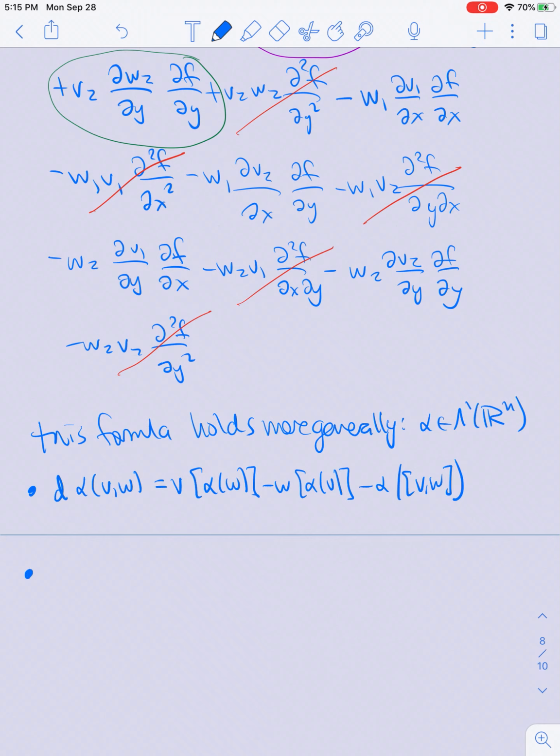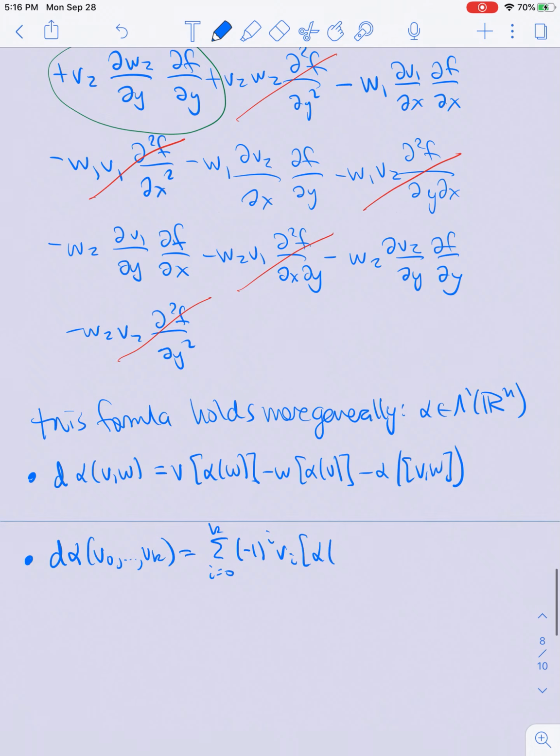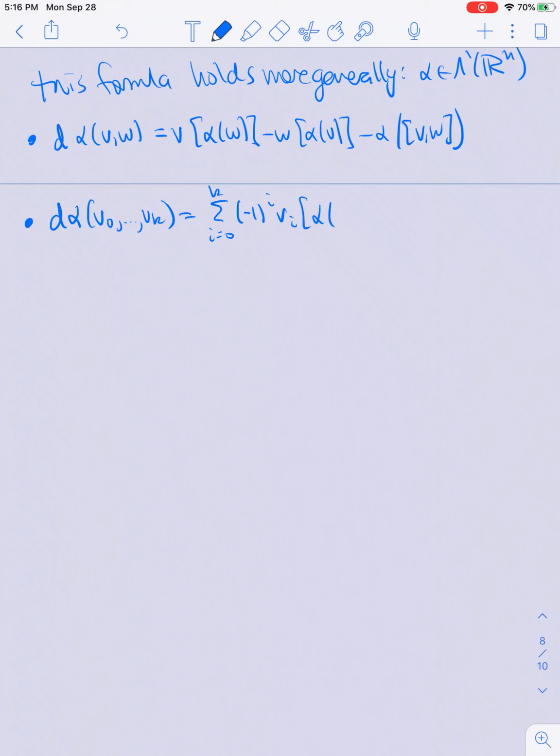And then when I'm trying to compute the global formula, you have to be careful with the signs to make sure you know how you're plugging in your Lie brackets correctly, but what you end up getting is a generalization of the formula we had last time. So d alpha applied to V0 through Vk is the sum from i equals 0 to k, negative 1 to the i, Vi at alpha of V0, so plug in everything except Vi.